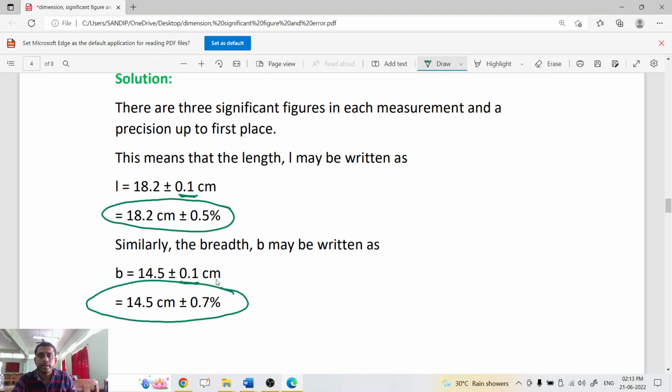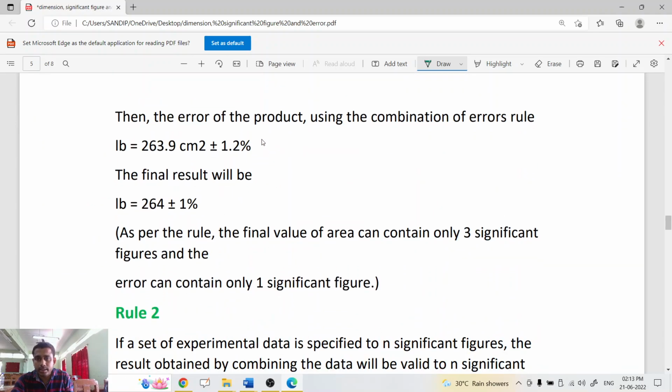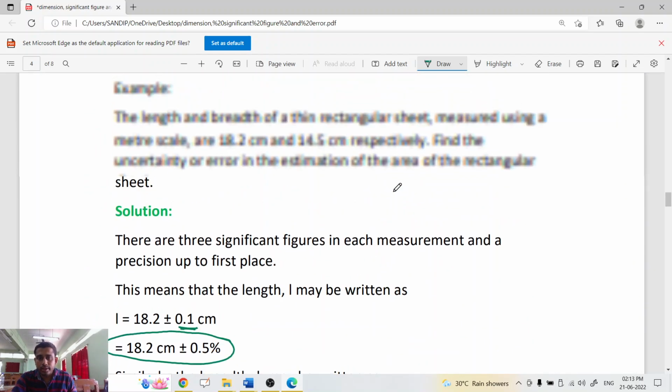Now you have to find out area, so by the product of L and B we get this value, 263.9 centimeter square. And 1.2% is the error. And the final result after rounding up we get 264, and this part we take as 1%. So in this way we can easily find out the error part of area.